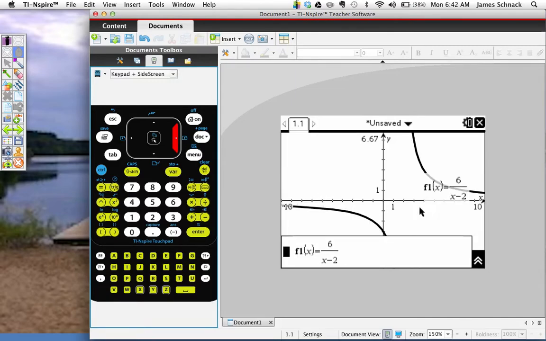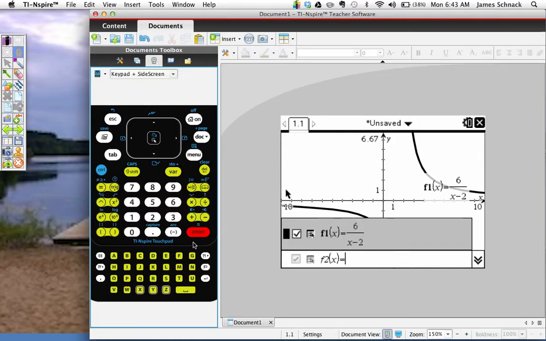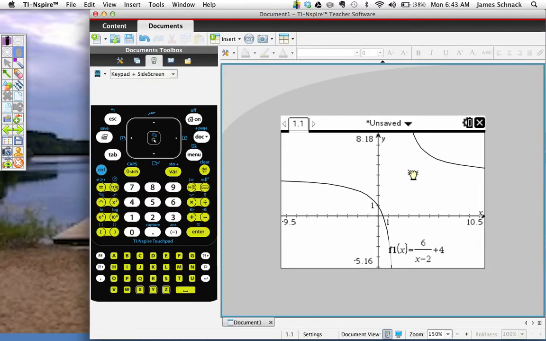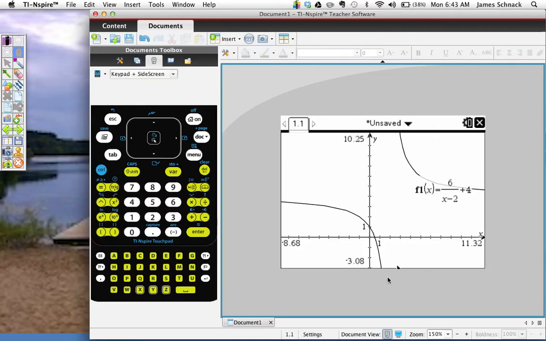Notice there it is shifted horizontally. I've got to throw on the plus 4. There we are. And I can grab right here to adjust things a little bit.